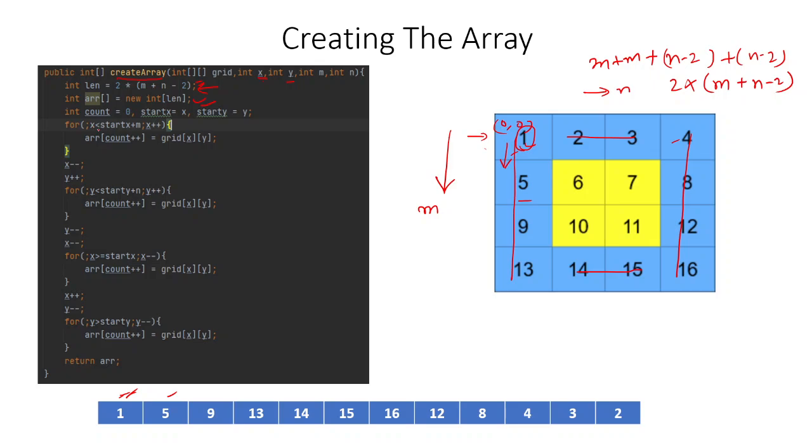We increment x, and each time we take the value from the grid, put it inside the array and do count plus plus. So here x is 0, then x is 1, then 2, then 3. When x is 4, it will come out of this particular loop.